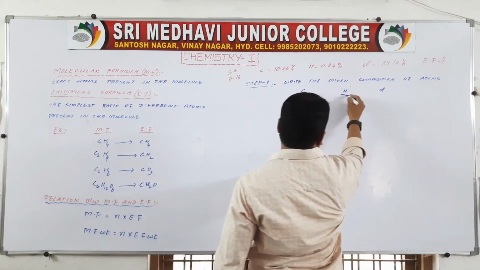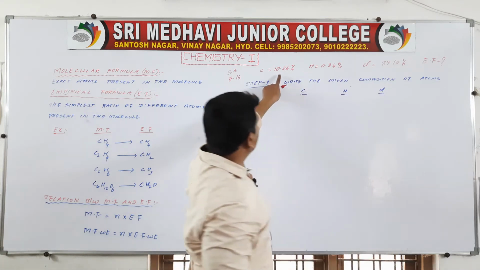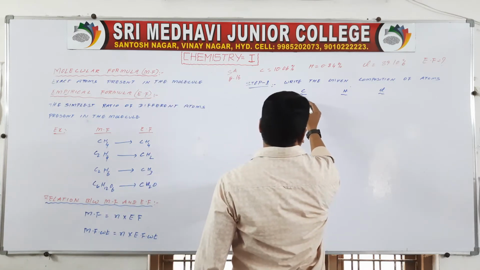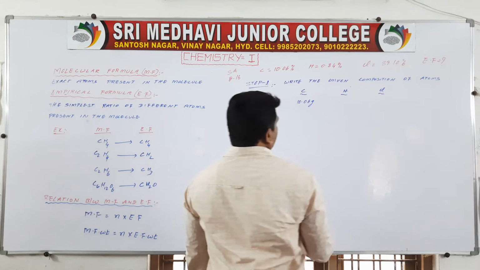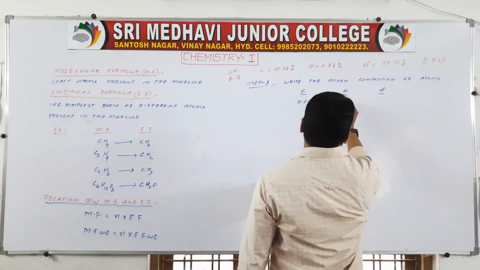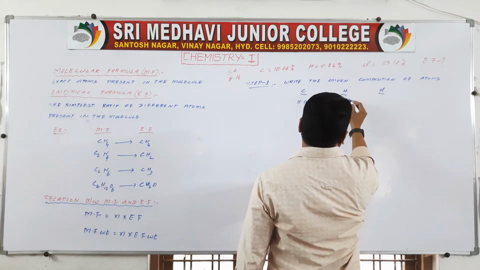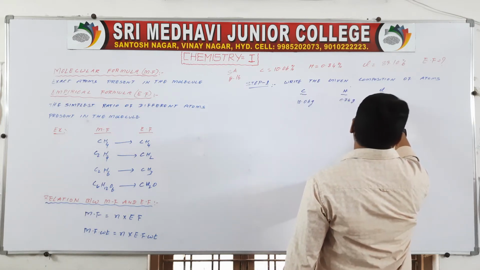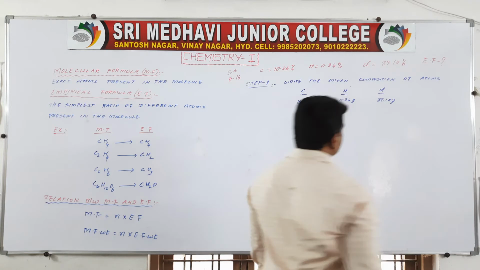Okay, so here I am taking carbon, next hydrogen and chlorine. Carbon is 10.06 grams, hydrogen 0.84 grams, chlorine 89.10 grams.